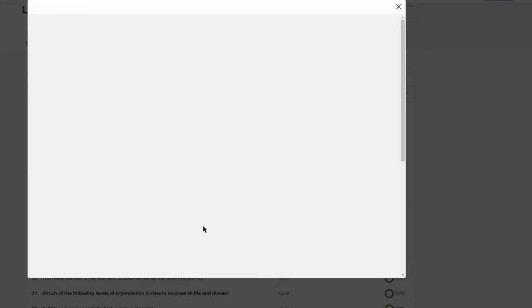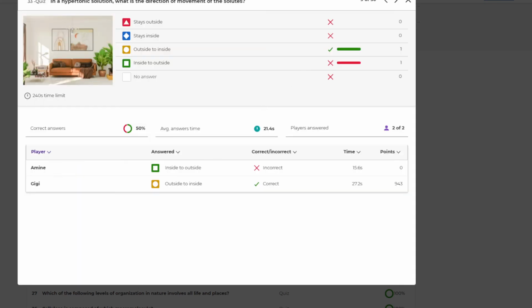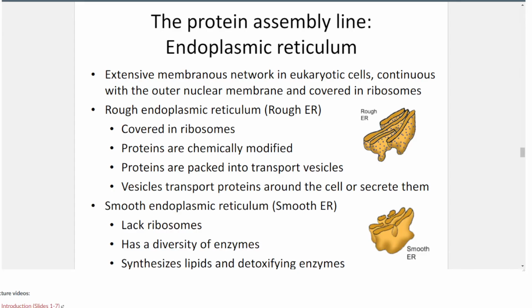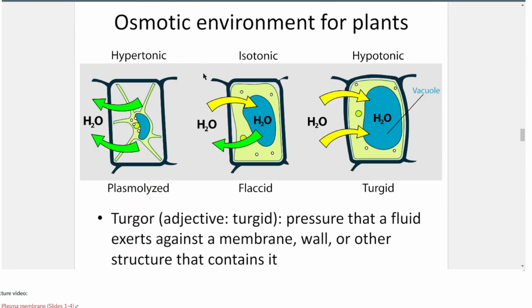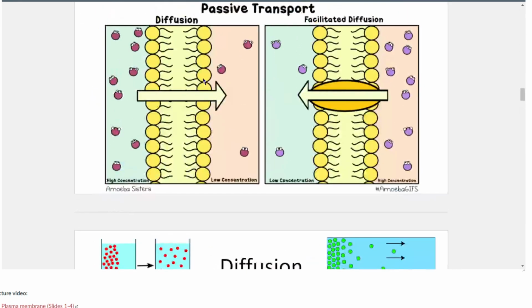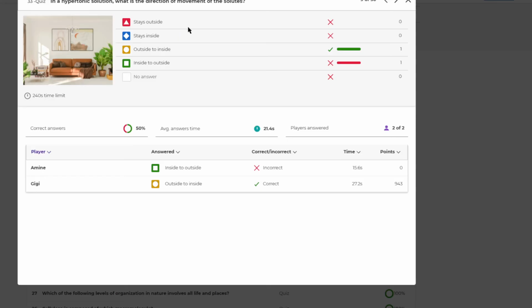One more question. In a hypertonic solution, what is the direction of movement of the solutes? Remember, the solutes are things like salt molecules. They're not water. So if we look here, this stuff is confusing. So if we're looking at solutes, it's asking in a hypertonic.